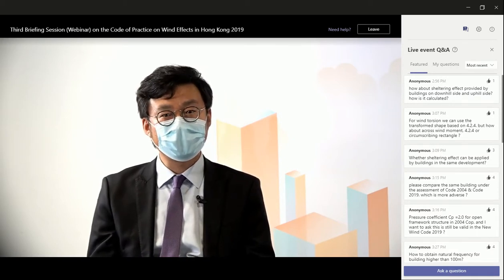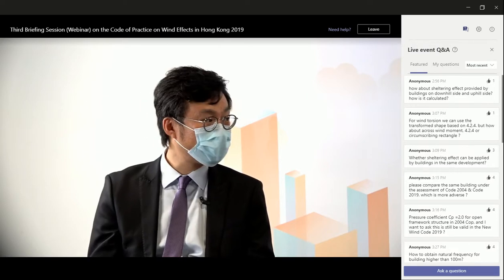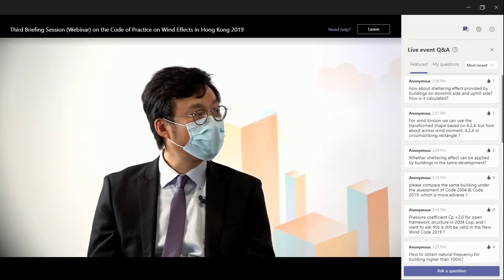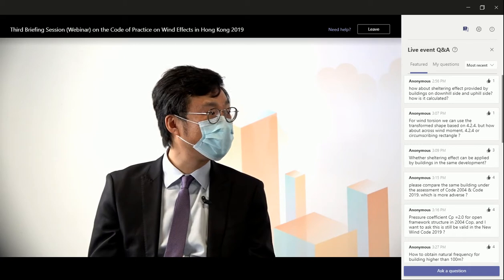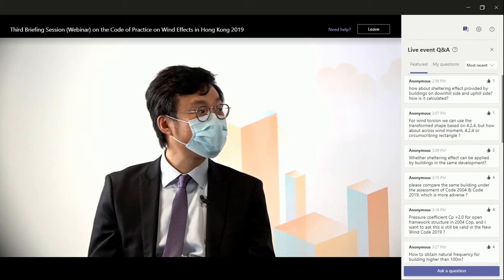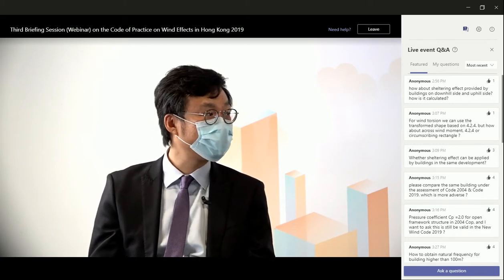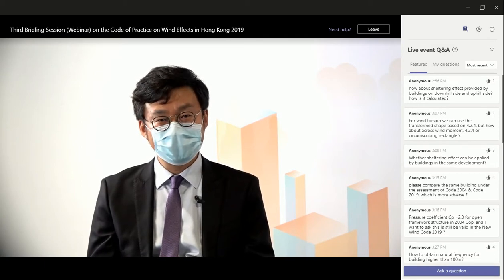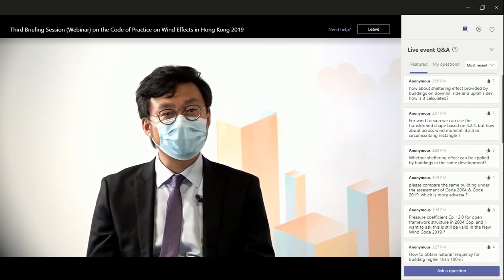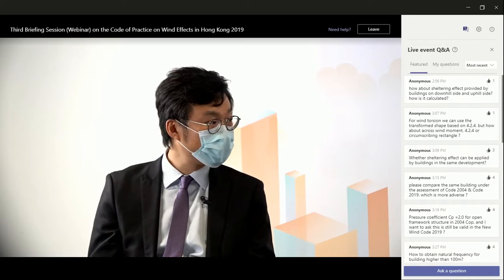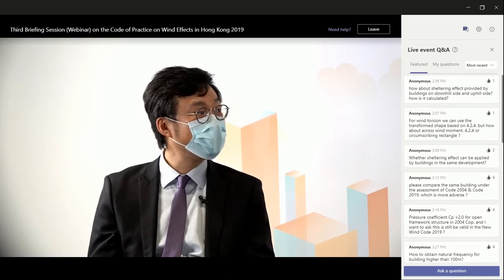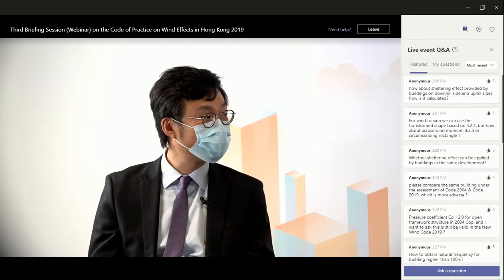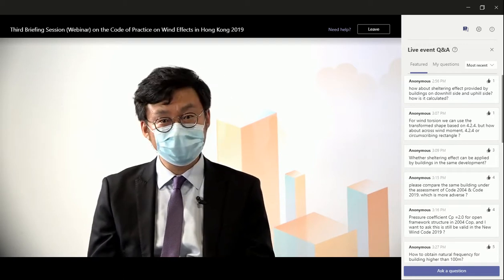But for buildings taller than 100 meters, this time we have a more stringent requirement. We require all cases to go through finite element analysis to get a more accurate natural frequency. The reason is that in the 2019 wind code, we have the new provision for the crosswind base moment. This crosswind response is quite dynamic and very sensitive to natural frequency.